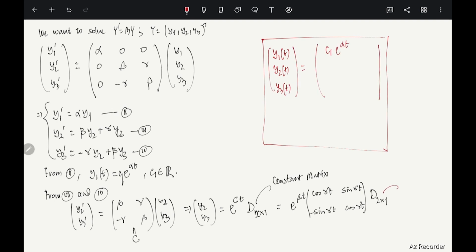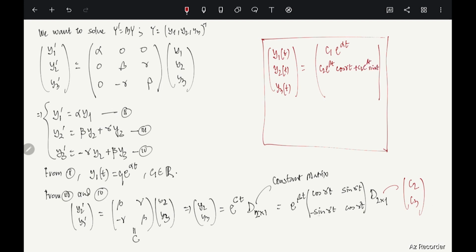See, this d is nothing but, let's say, c2 c3, some matrix, right? So it will look like this. e to the power beta t is always there, right? So c2 times e to the power beta t cosine gamma t plus c3 e to the power beta t sine gamma t.